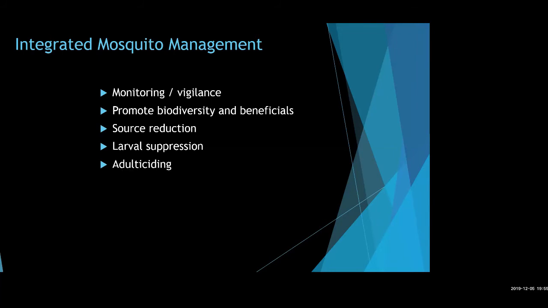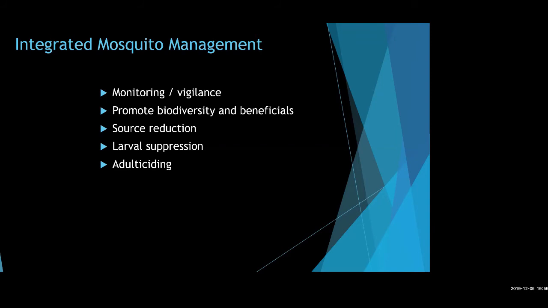And then the very last step really should be adulticiding. Even though my program focuses on biological controls, fighting nature with nature, in a true integrated mosquito management, we cannot overlook the need for pesticides, although they should never be the first step.